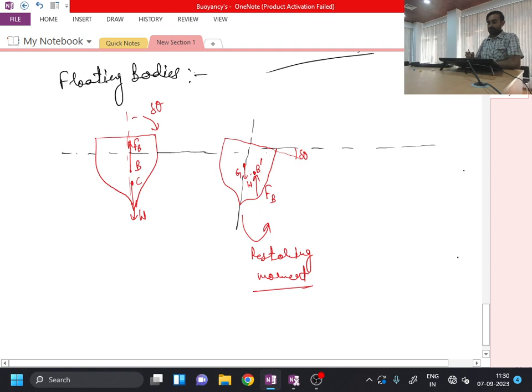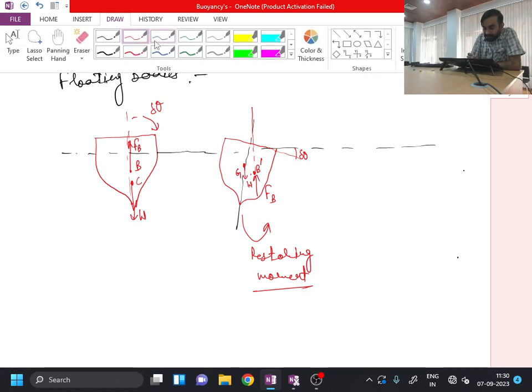Okay, so now you can see that this black line is nothing but the line of symmetry, and the line of symmetry was the original line of action of the buoyancy force, and the new line of action of the buoyancy force is actually B dash point in vertical direction.